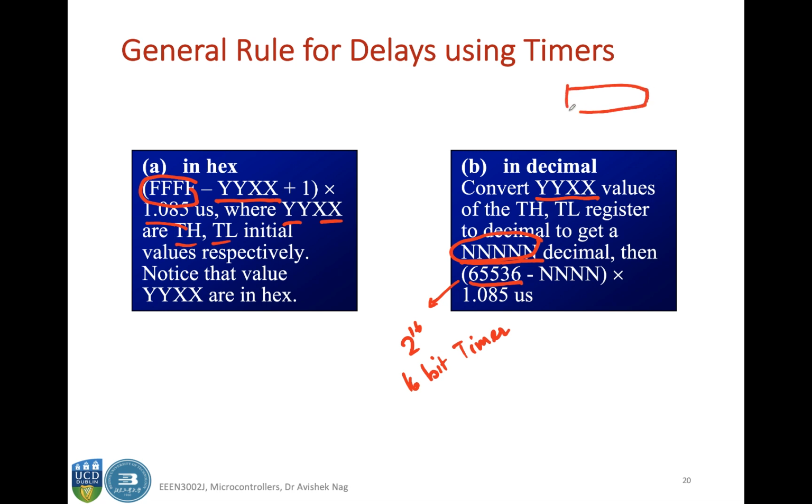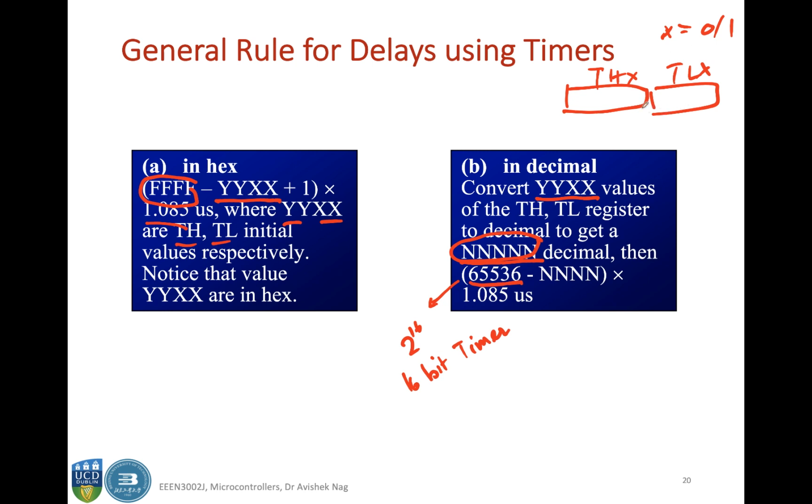Let's say this is your TH and this is your TL, THX and TLX, where X can be 0 or 1 depending on whether it is timer 0 or timer 1.